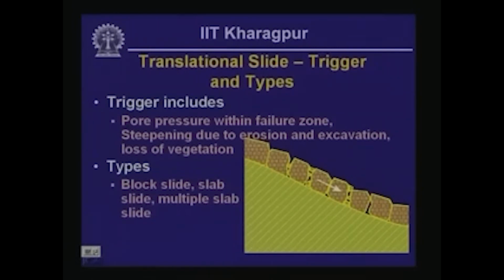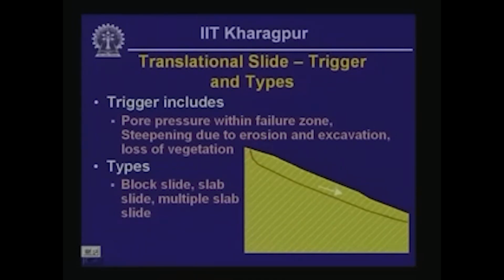This type of slide is called block slide. Slab slide, on the other hand, is like this, and there could be multiple slab slide, where during sliding, the slab that is sliding down slope breaks apart into small pieces. So these are the different types of translational slides.